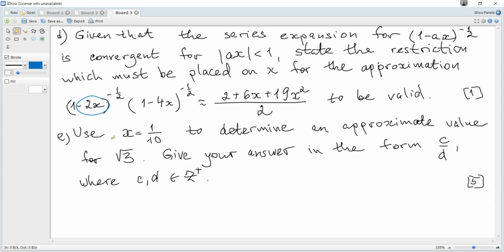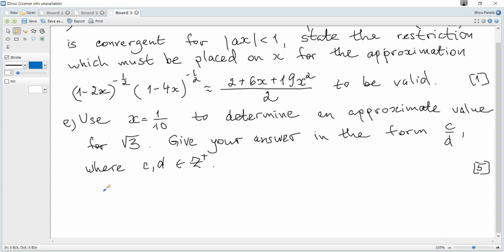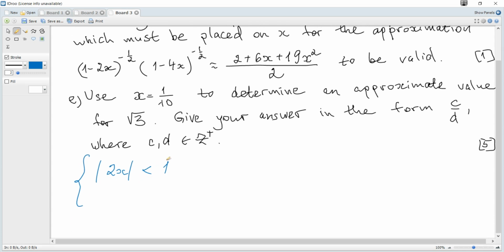This minus doesn't matter because of the absolute value, so the absolute value of 2x must be strictly less than 1, and at the same time the absolute value of 4x also must be less than 1.